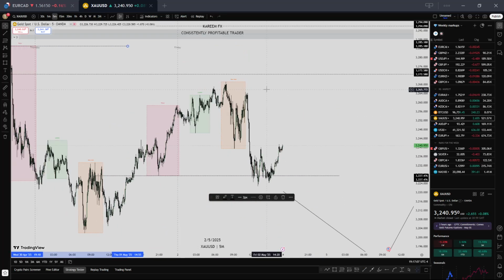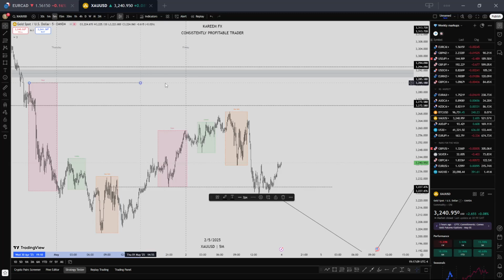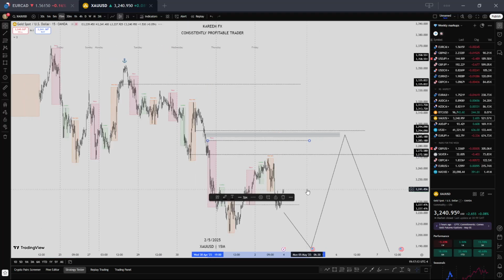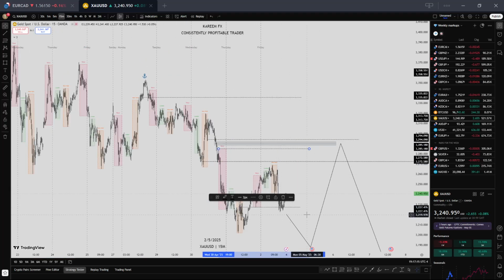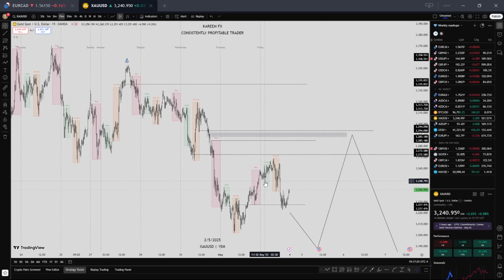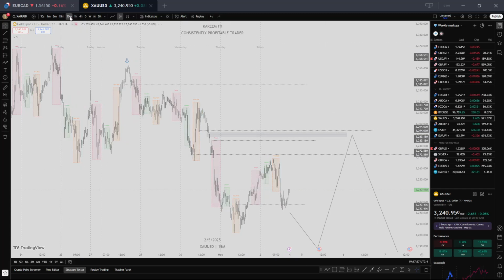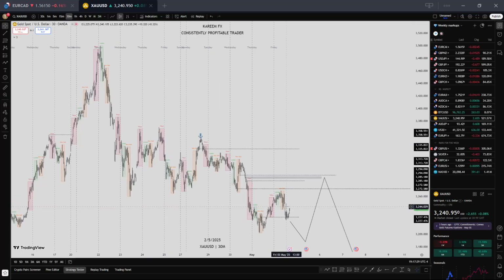But mind you, price is looking for old lows. So I don't expect price to be pushing all the way from here to all the way up here. No, I don't expect that to happen. Price should find the closest area of liquidity and then push lower.